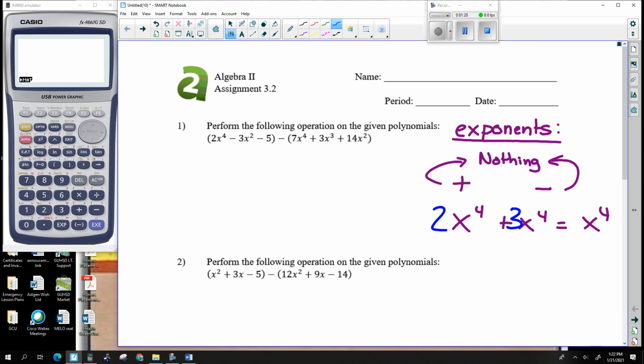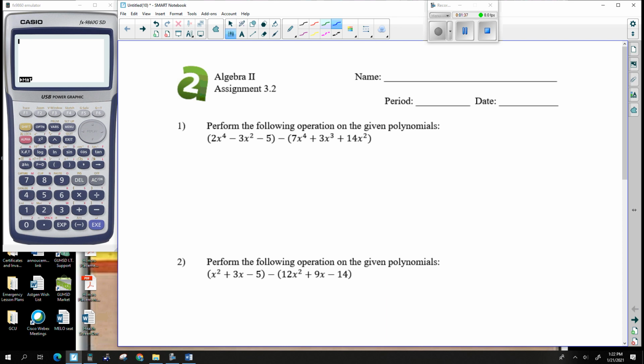However, because these things are called like terms, you're able to put them together, and so the numbers themselves truly do add. So you don't do anything special as far as the numbers are concerned, and you just do what you're supposed to do. Hopefully that wasn't too confusing. So the idea is this: you can only add and subtract x's that are the same.